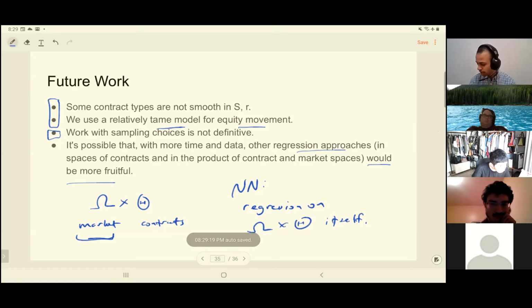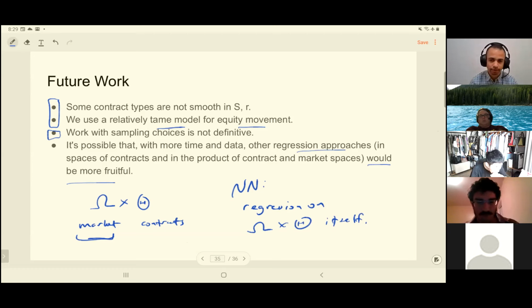And so there's some hope that a neural network would be able to just learn the whole thing given enough data. Unfortunately, we weren't able to generate enough data, and we didn't have enough time to explore that as thoroughly as you might hope. However, there is some indication that people have had some success with this out in the field, and so I think it's good that you know that that's out there and that that's a modern technique.